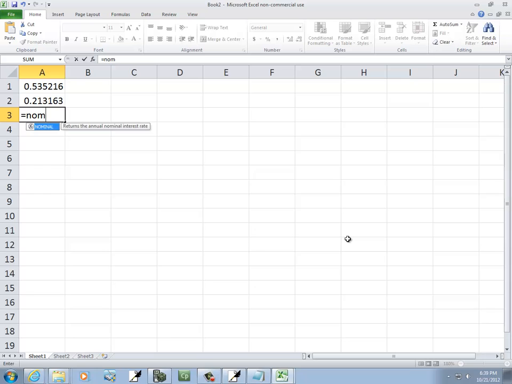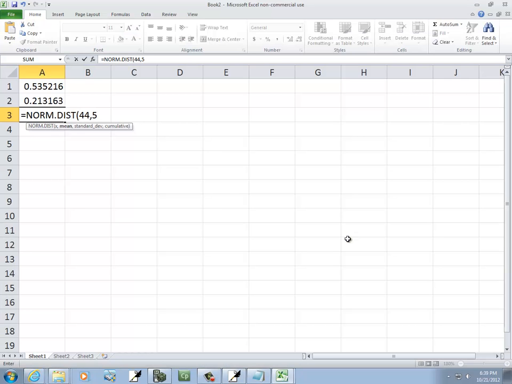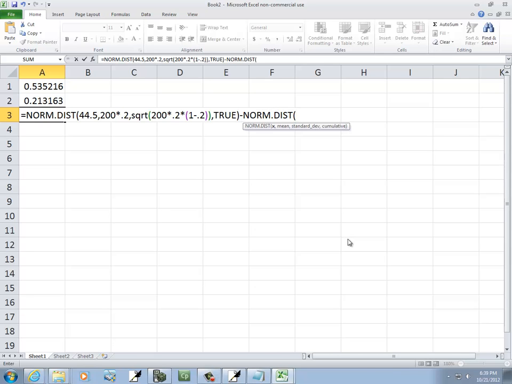Equals NORM.DIST 44.5, comma, our mean, which is 200 times 0.2, comma, square root of 200 times 0.2 times, beginning parentheses 1 minus 0.2, closing parentheses on square root, comma, TRUE, closing parentheses on NORM.DIST, minus our second NORM.DIST, and it's 40.5, and then everything else is the same.